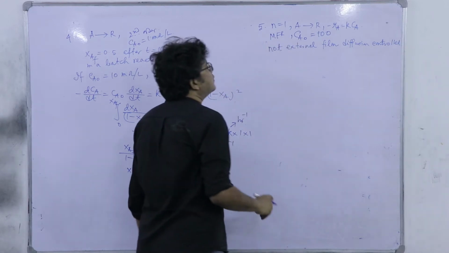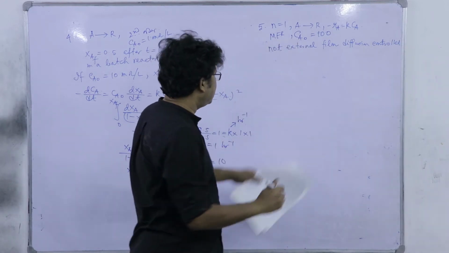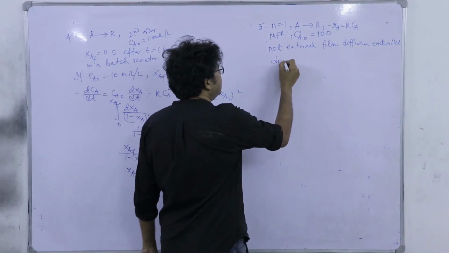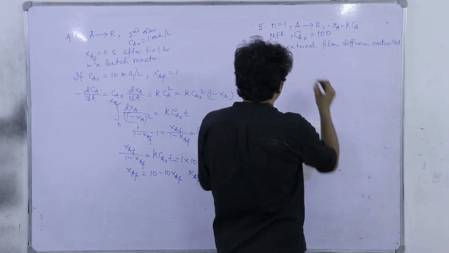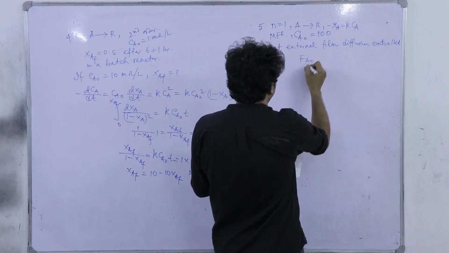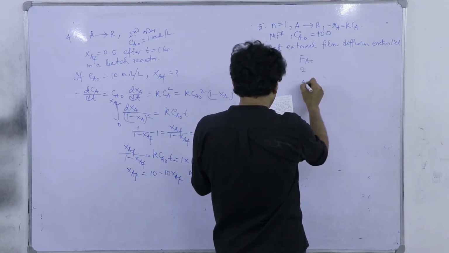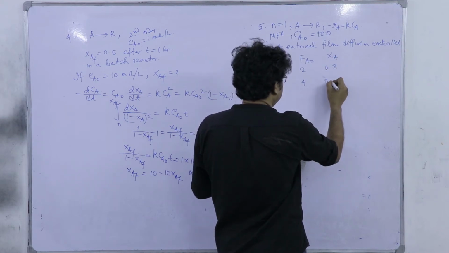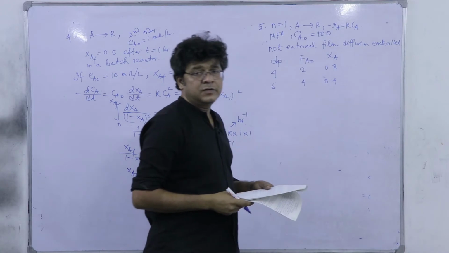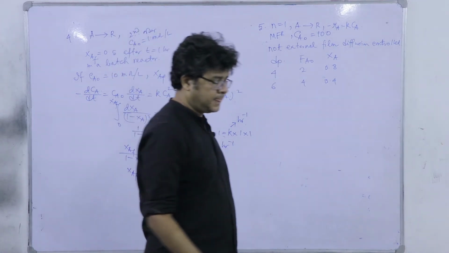Right. So, under this situation, what is the data given? dP, the pellet diameter, is 4 and 6, Fa naught is 2 and 4, Xa is 0.8 and 0.4. So, you have to reduce it to epsilon data.